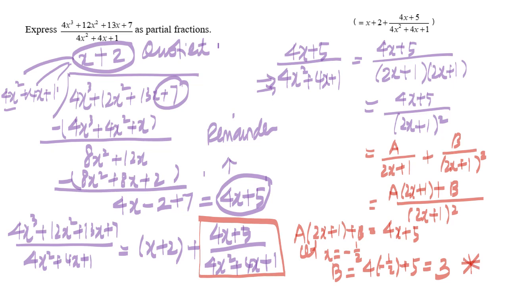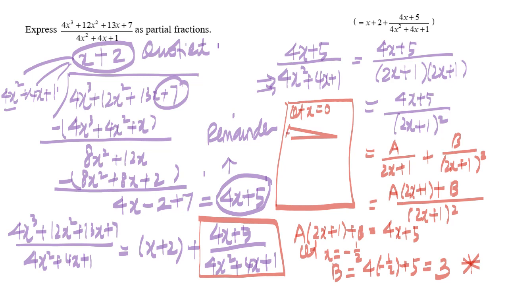Right, so I'm going to continue here. After finding the value of B, I'm still left with A. So I can just substitute x to be any other value except negative half. So I'm going to let x equal to 0, which is usually the best one. Why is that so?